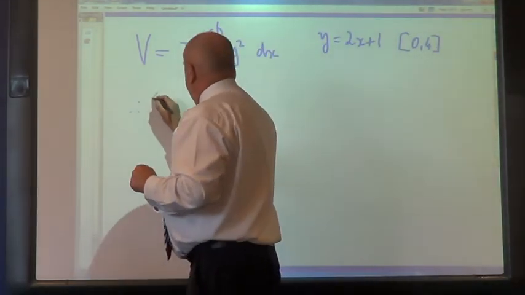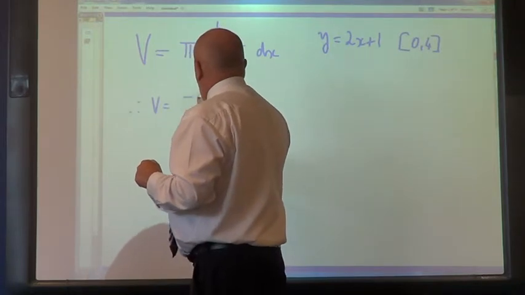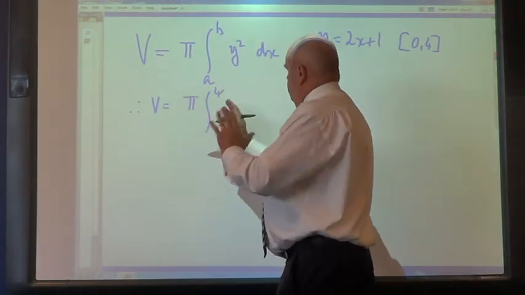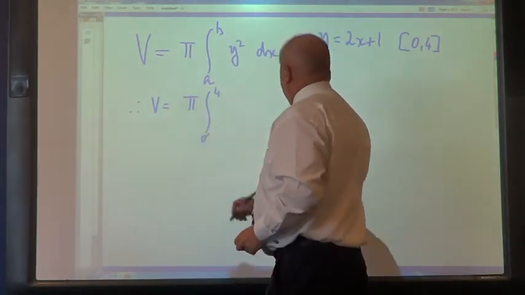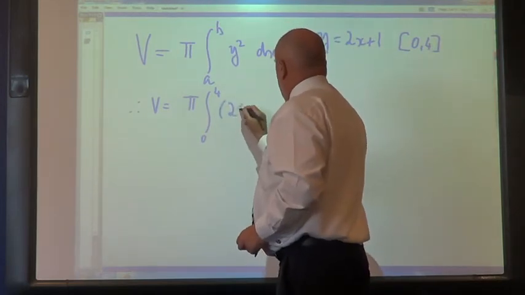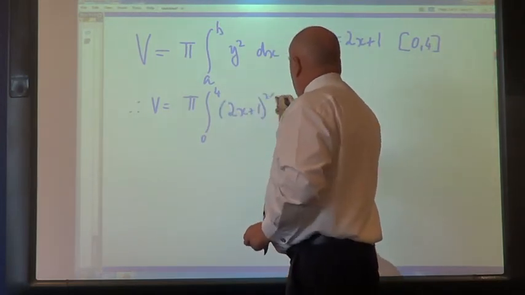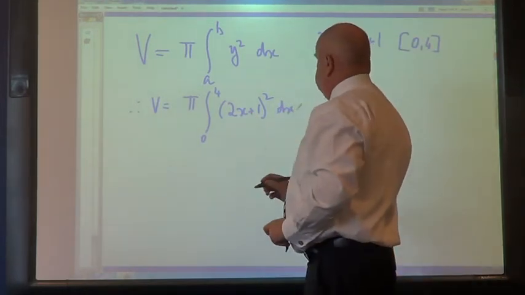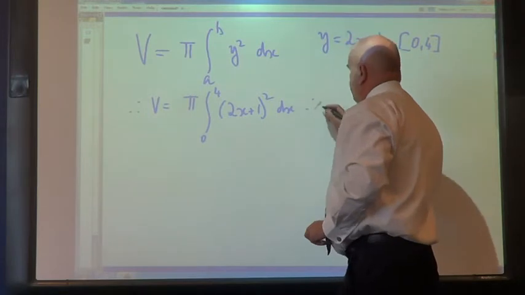So our volume is simply equal to pi times the integral, whose limits are 4 and 0, and we've got to square this: 2x plus 1 all squared, because that's our radius, dx.